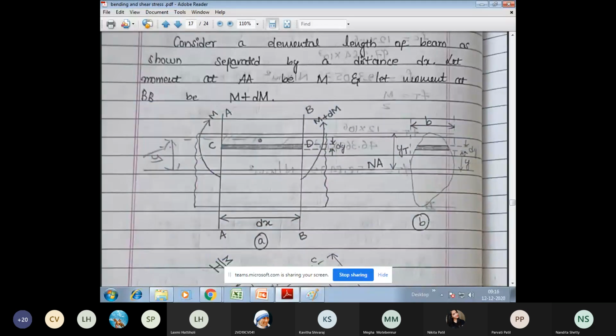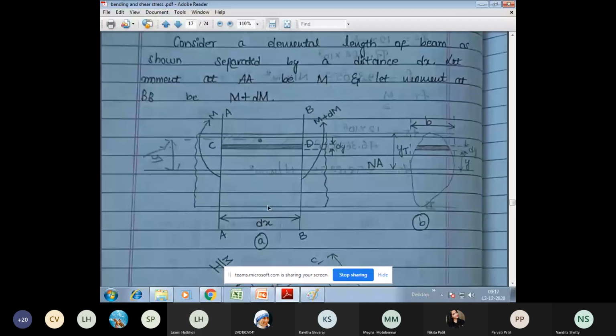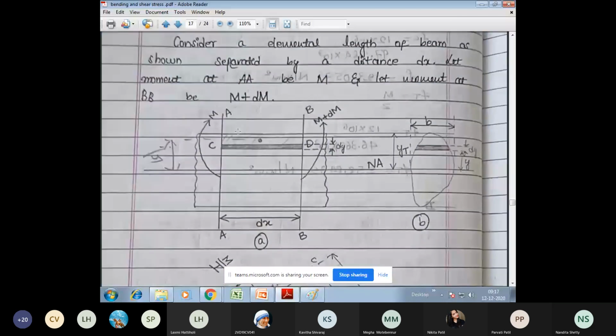So imagine that you have a large beam, longitudinal section. This is the longitudinal section. This is the cross section. The first one is the longitudinal section. In the longitudinal section, you can see I have cut the beam at the AA side and I have cut the beam at the BB side.